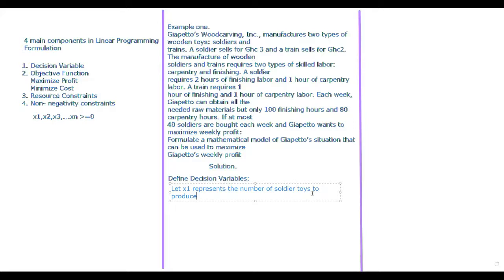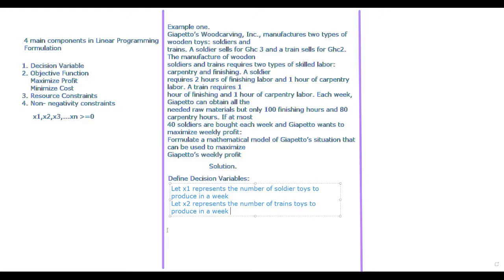The first one, x1, represents the number of soldier toys to produce in a week. Then let x2 represent the number of train toys to produce per week. All right, so we've done the first one here, the decision variables.